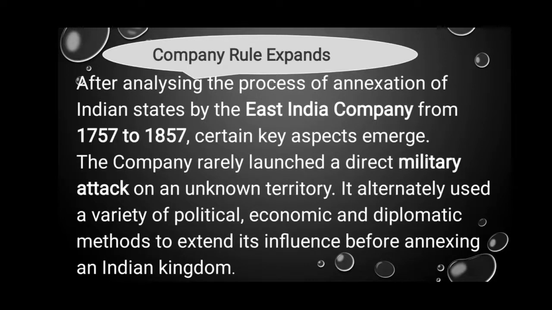So before getting an Indian kingdom under control, they used different techniques: politically, or economically, giving more money to that kingdom, or diplomatically, like making a main worker from the kingdom come under their control, and using him they tried to get the kingdom under their control.